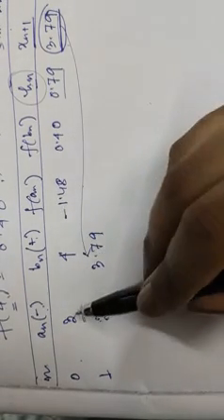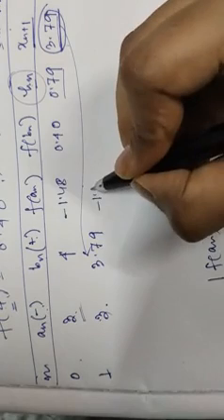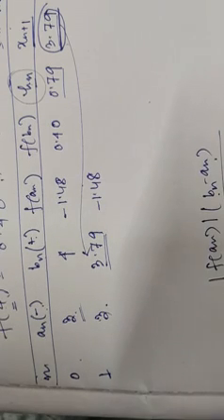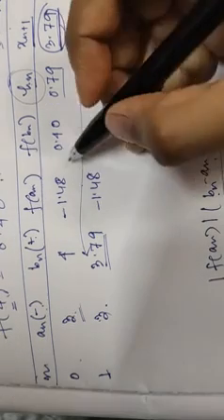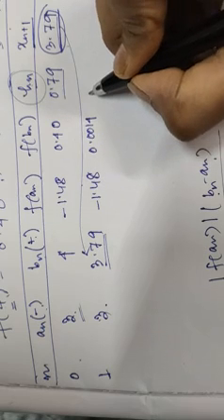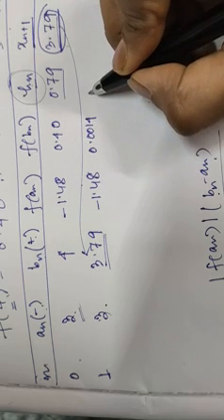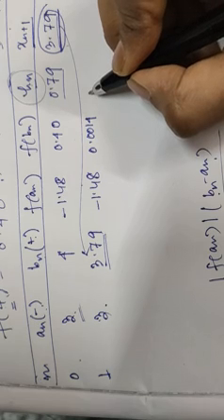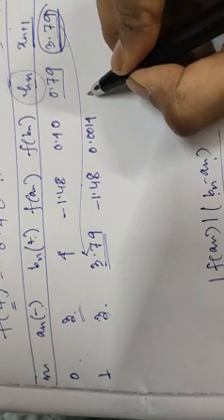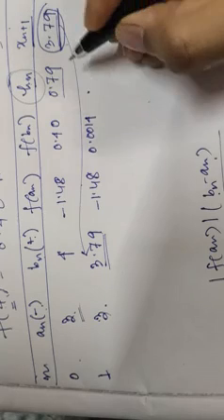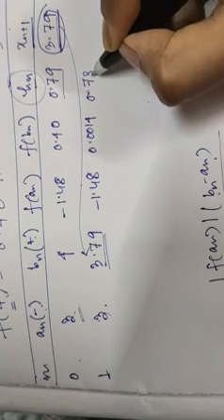Find the same thing. f(3) will be minus 1.48. Compute f(3.79), it is 0.0014. Then compute hn, which is modulus of f(an) into (bn minus an) whole divided by mod f(an) plus mod f(bn). Put the values, then we will get hn as 0.789.